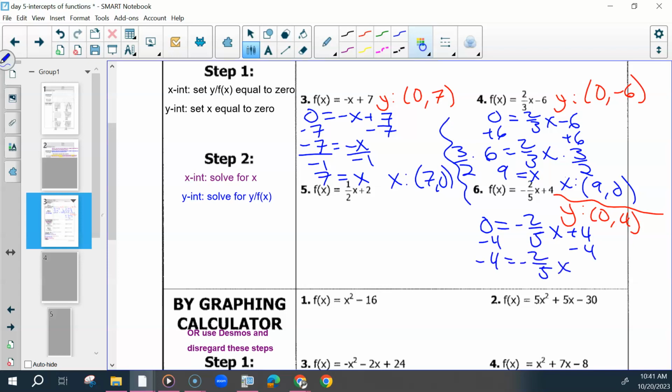I have a question for you guys. Would you get more points if you did the work right, but you got the answer wrong, than if you got the answer right but did no work? If you got the answer without any work, you'll get points for the answer.